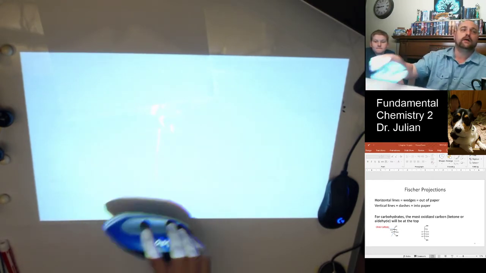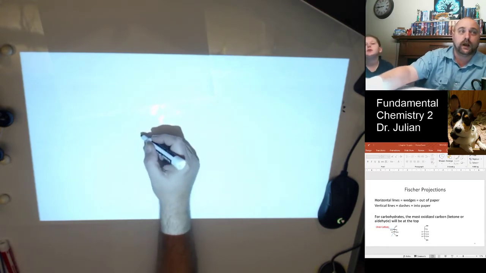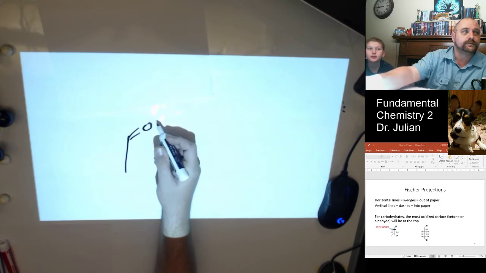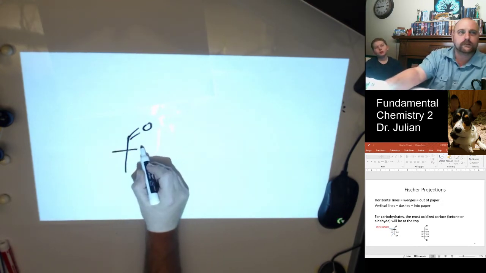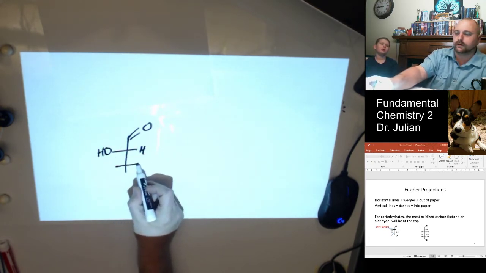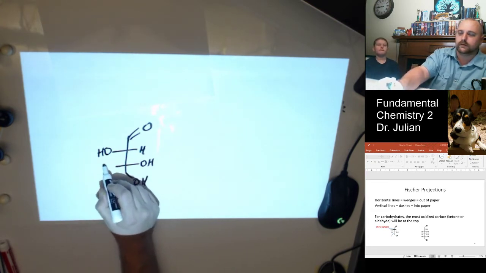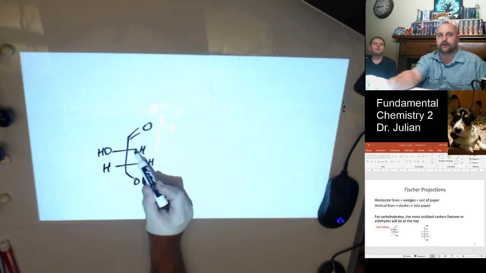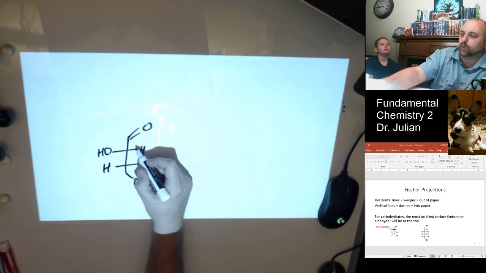We're worried about how the stereoisomers affect our sugars. And so when I draw this sugar, I want to quickly be able to see that these lines that are going horizontal are going to be wedges.